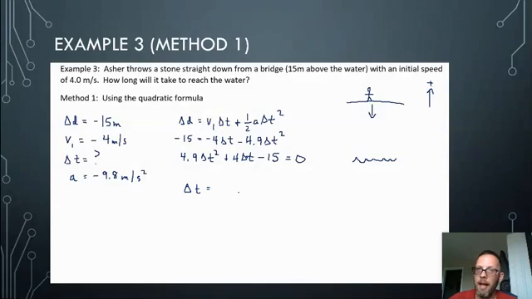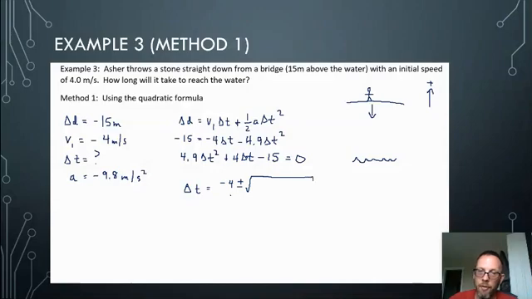I believe in your math skills diagnostic, I had you practice a couple of quadratic formulas. So I'm going to assume we're fairly proficient using that. The quadratic formula is negative b, so the opposite of our delta t term, so negative 4. We get 2 solutions, plus or minus the square root of.